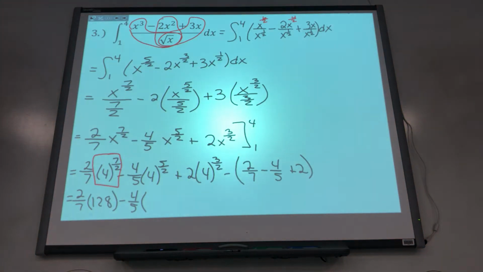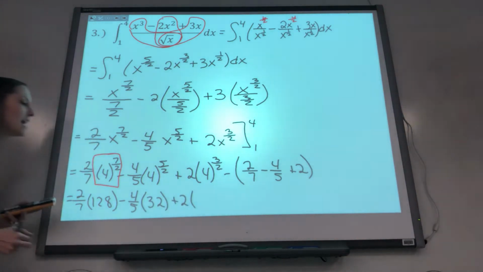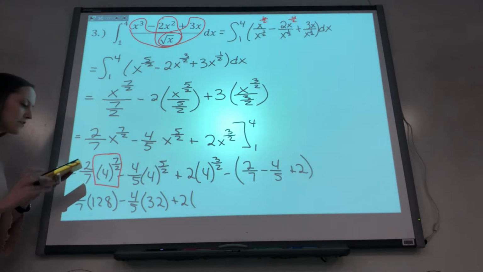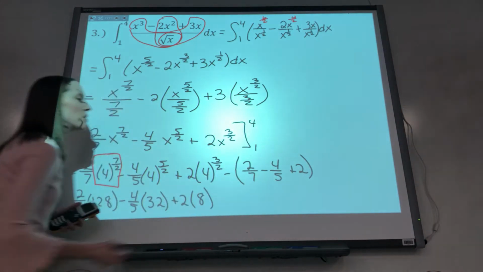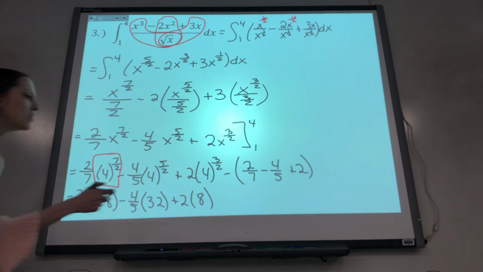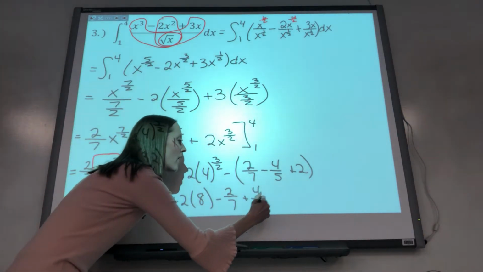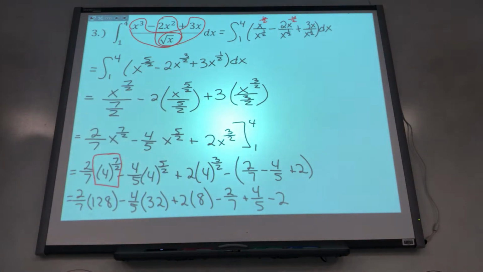I'm going to leave the 4/5 there and take 4 to the 5/2 power, which is 32. And then leave the 2 there. Take 4 to the 3/2 power and you get 8. Now, if you want to distribute that minus sign, you can. That'll be a minus 2/7 plus 4/5 minus 2.